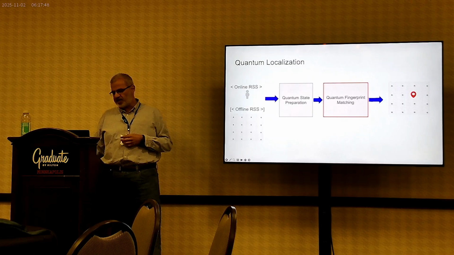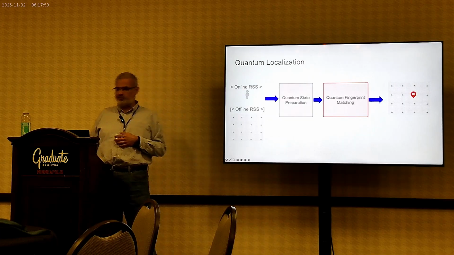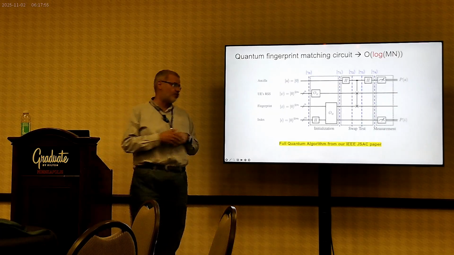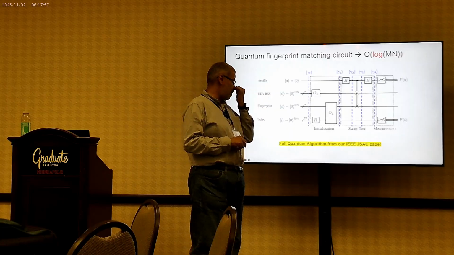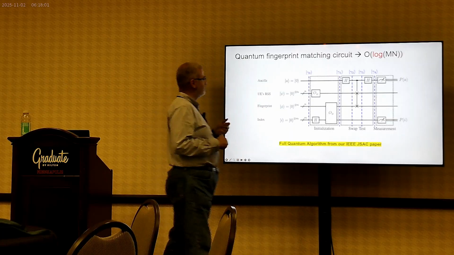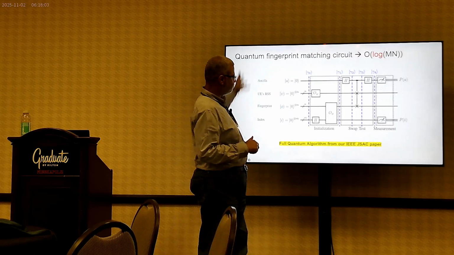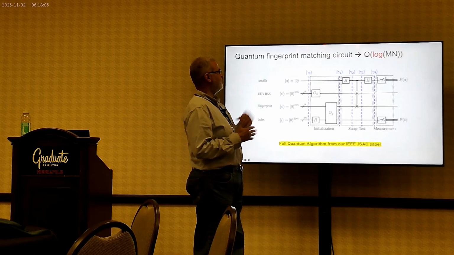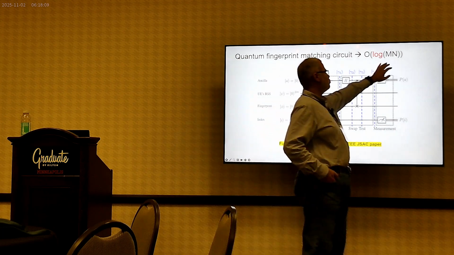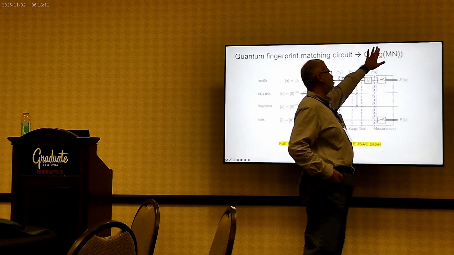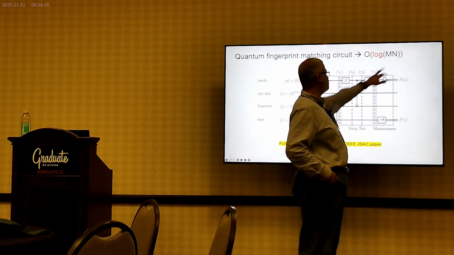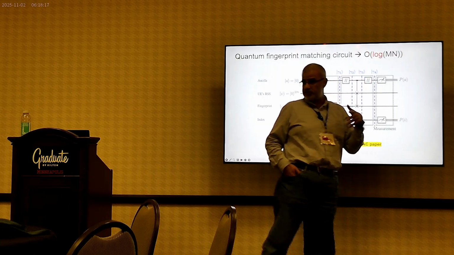So back to the matching. I have two vectors, and I need to calculate the similarity between them. And as I said, this is a common functionality. So we have a paper in the IEEE JSAC journal where this is the quantum similarity algorithm, and the complexity of this algorithm is order log mn, where, as we'll see later, the classical complexity is m multiplied by n, where m is the number of fingerprint locations, and n is the number of access points.